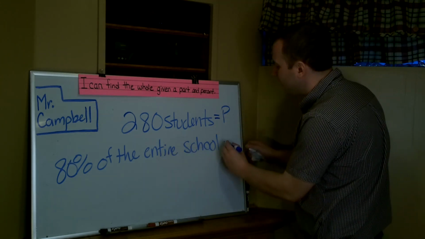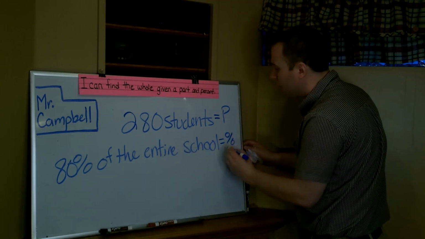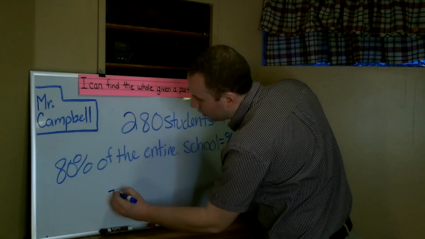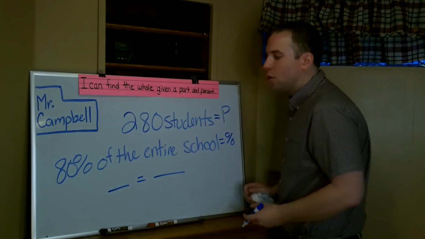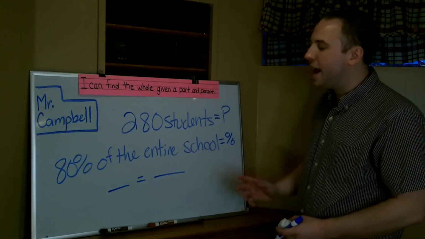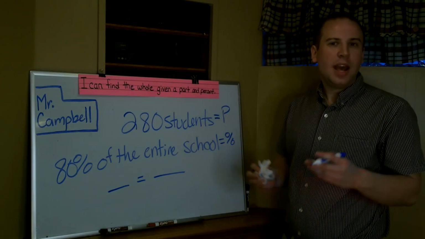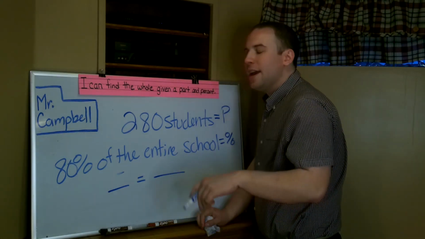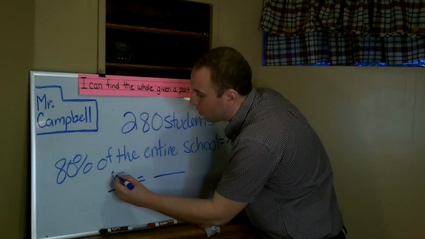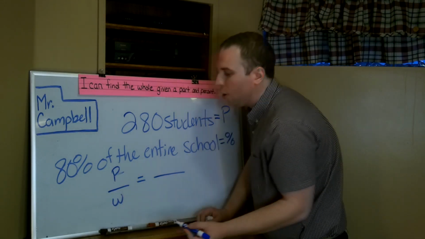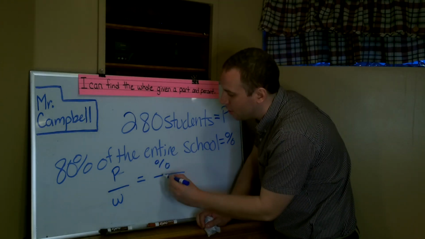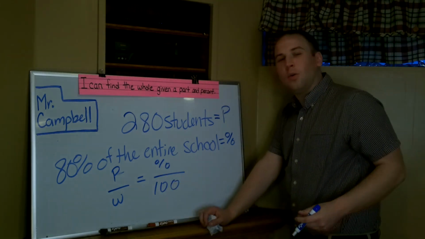And our percentage is going to be 80%. Our equation is going to follow fractions. Your first fraction is going to be your part over your whole. That's going to equal your percentage over 100.